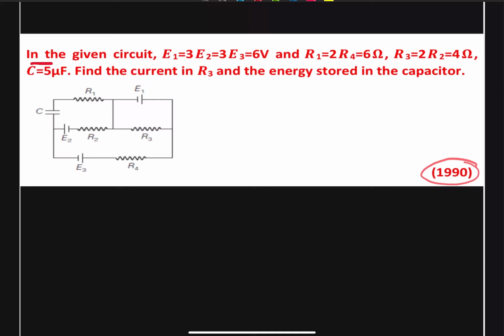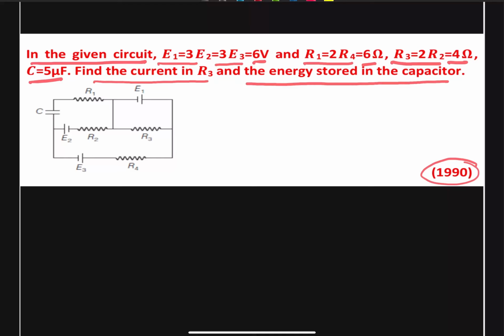It states that in the given circuit E1 is equal to thrice E2 is equal to thrice E3 and is equal to 6 volt, and R1 is equal to 2 R4 is equal to 6 ohm, and R3 is equal to twice R2 is equal to 4 ohm, and C is equal to 5 microfarad. Find the current in R3 and the energy stored in the capacitor.